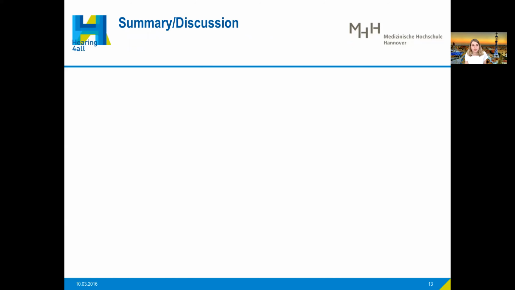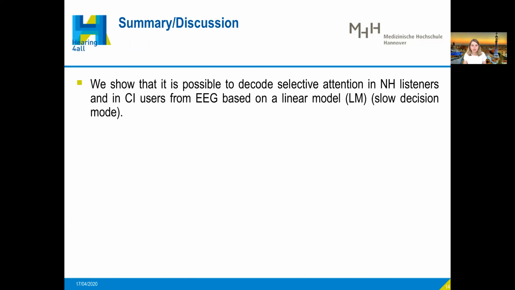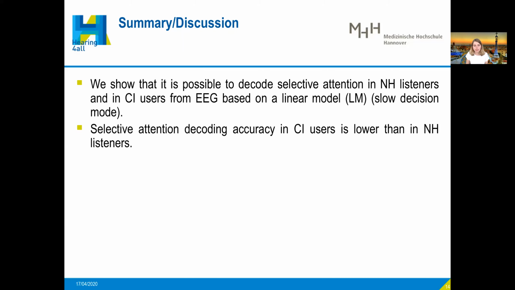So, I want to summarize that we show that it is possible to decode selective attention in normal hearing listeners as well as in CI users from EEG based on a linear model, if we are taking slow decision mode, so 60 seconds. Selective attention decoding accuracy in CI users is lower than in normal hearing listeners.